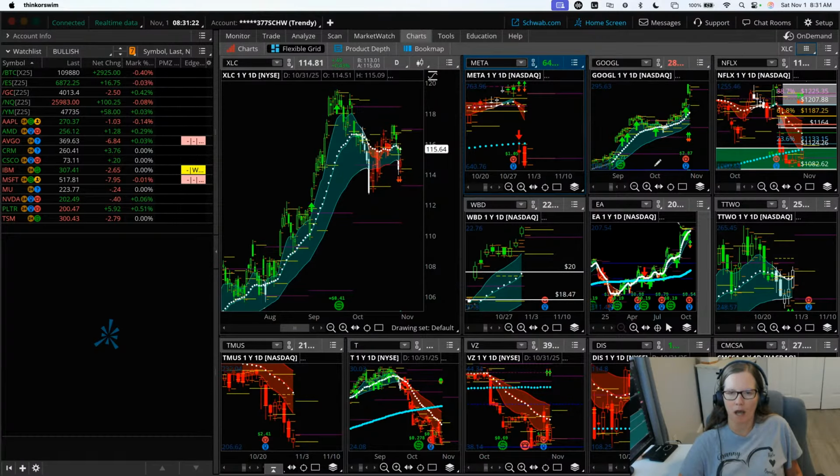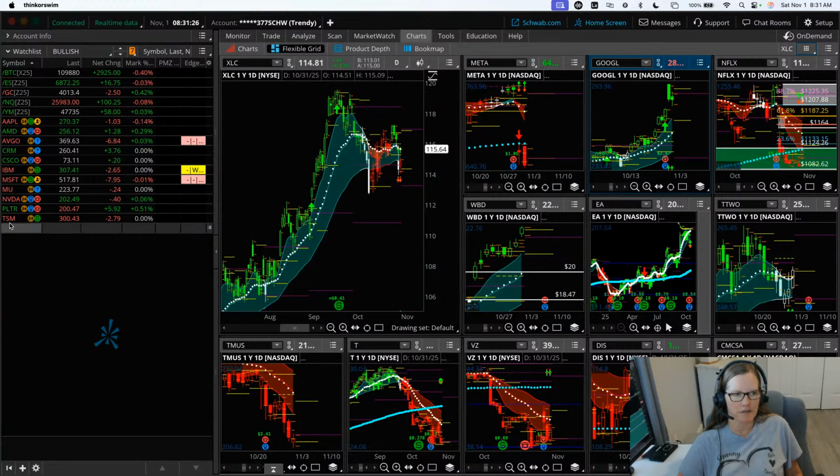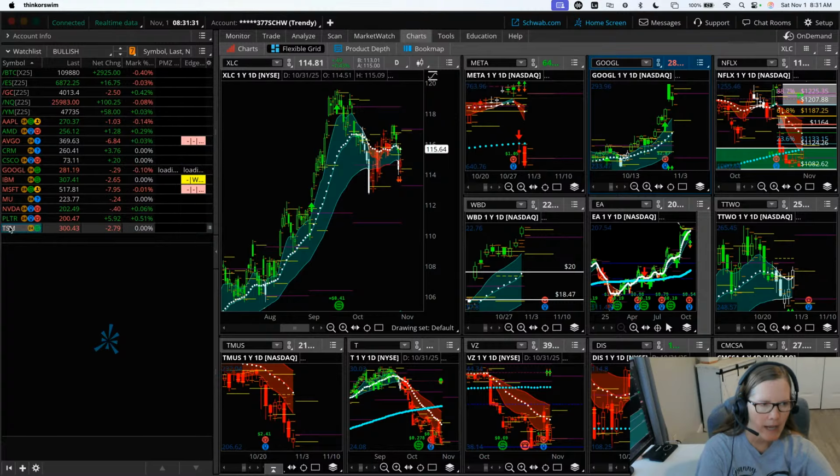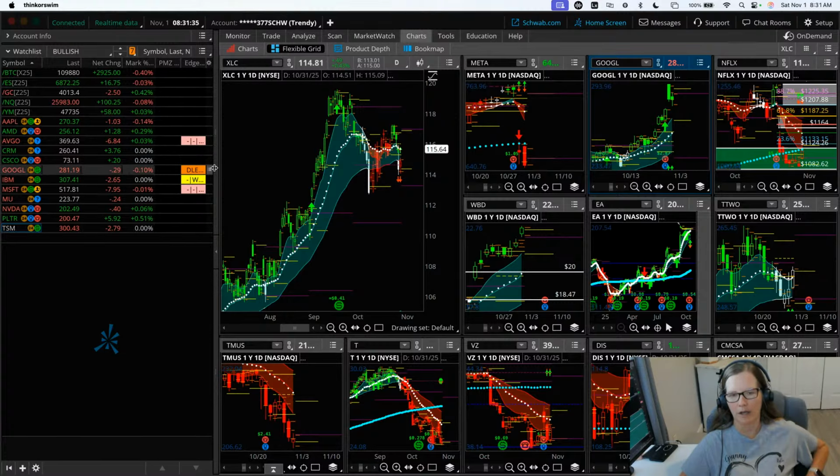All right. Google's definitely going to make my list here. Google is doing its best to hold a key Fibonacci zone, and I want it on my watch list for a potential trade. Now, Netflix has been struggling for a while.